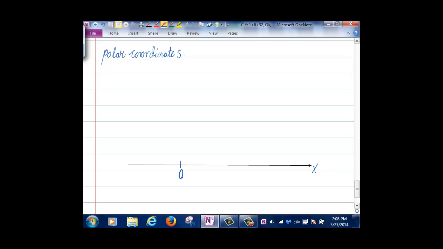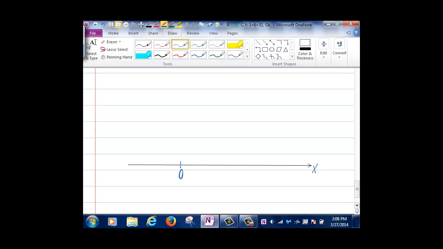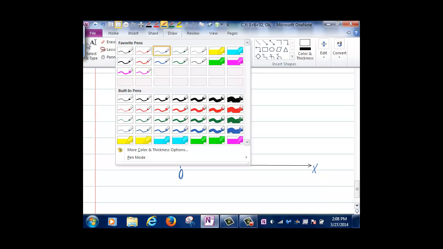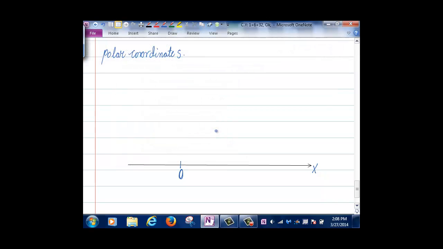The number 0 is right there. And now imagine that you have, let me highlight this for a second. Let's see, what can I use? Let me use this.